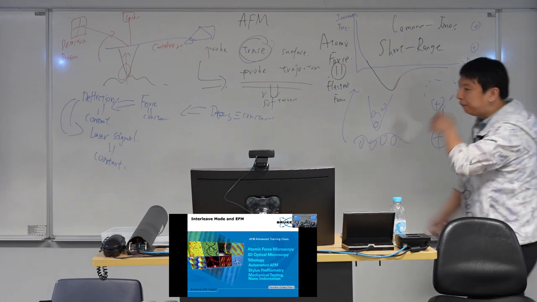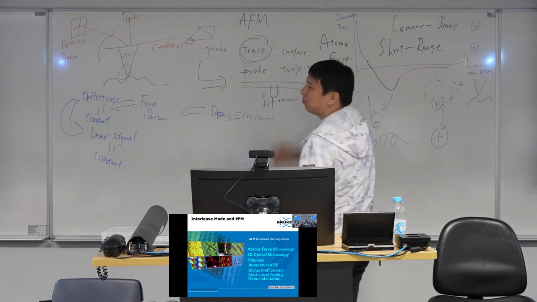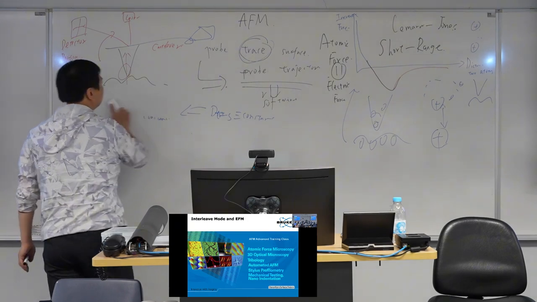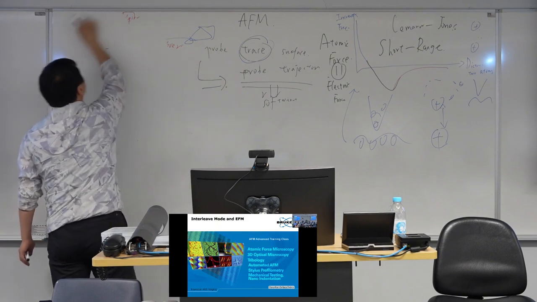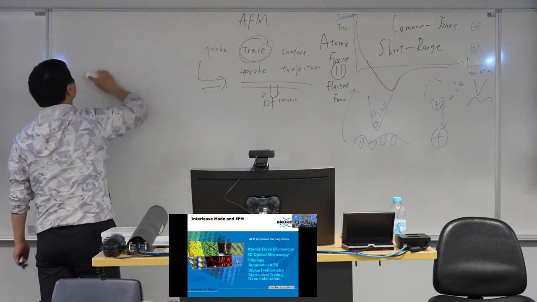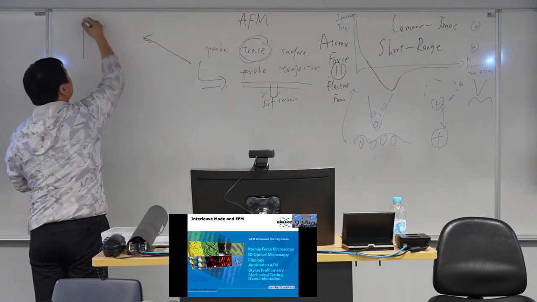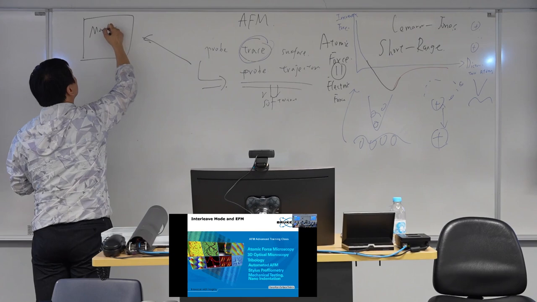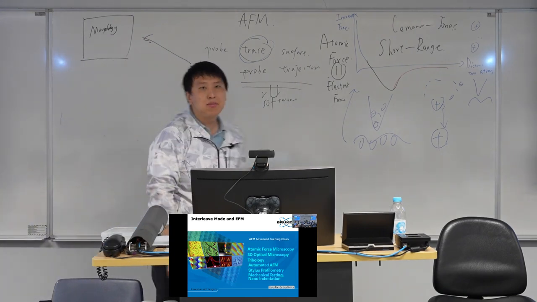Okay, so that's the atomic force microscope, and with this theory we can get the morphology, and the morphology is just how the sample looks like.